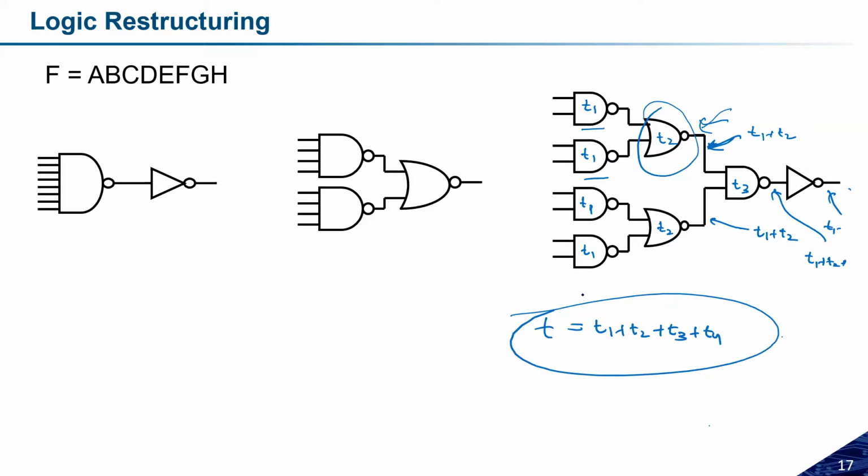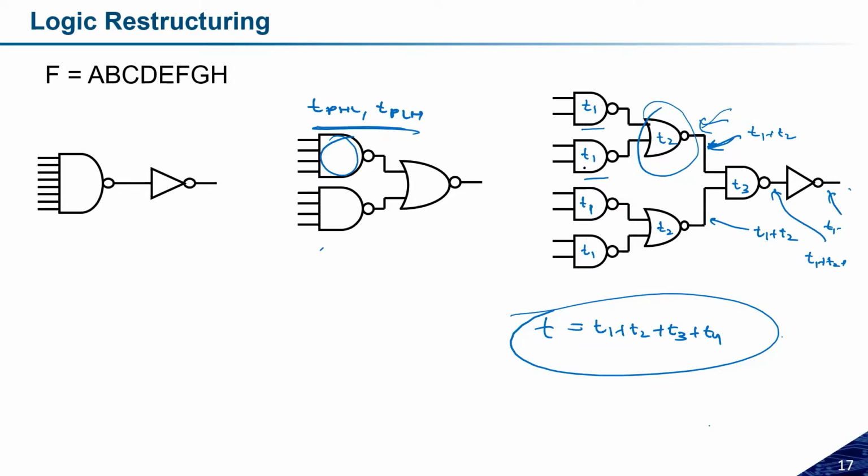So what is the importance of this logical restructuring? The importance of this logical restructuring is to reduce the internal delay of this circuit. The TPHL and the TPLH are the internal delay of any circuit, so by doing this, I am reducing the internal delay.